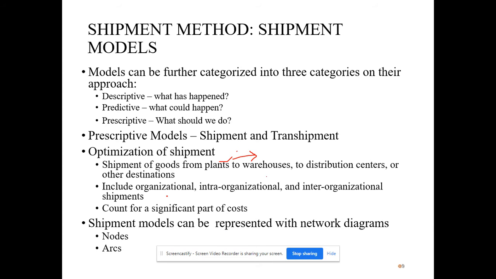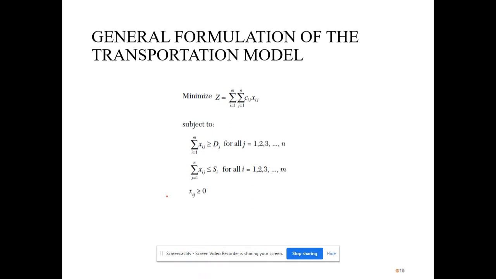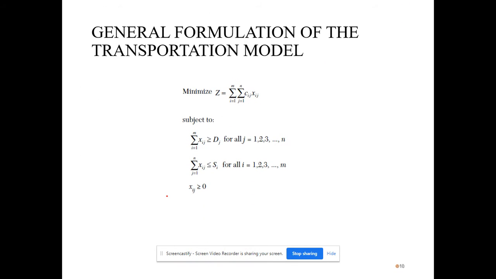And normally shipment models are represented in a network diagram with nodes and arcs. And the general formula for transportation is an optimization problem, like a prescriptive model. So this is our general formulation. We want to minimize Z, the total cost. This is the volume, and this is the distance.